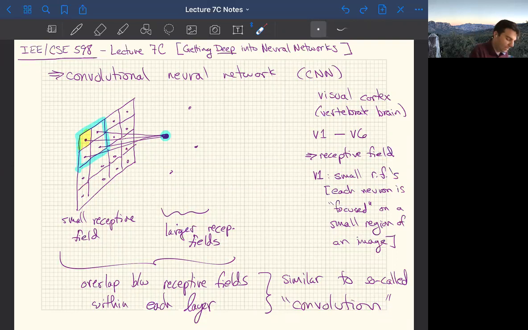But the reason I'm bringing it up now is to motivate the basic structure of the so-called multi-layer perceptron. This is the idea that you can have layers connected to layers connected to other layers.